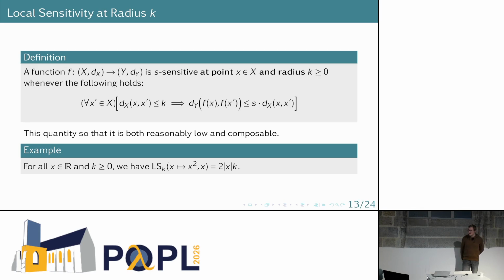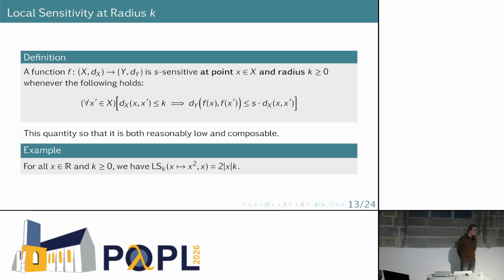So the notion of local sensitivity we are studying is a bit more general than the one found in the literature. We are considering sensitivity at point x, and here is our novelty, at radius k. Otherwise, we won't be able to compose the sensitivity, but the details don't matter that much. We're asking that for any point in a given radius, so for every x prime such that the distance with x is smaller than a given radius, we have a bound on the distance between f of x and f of x prime, just as before.